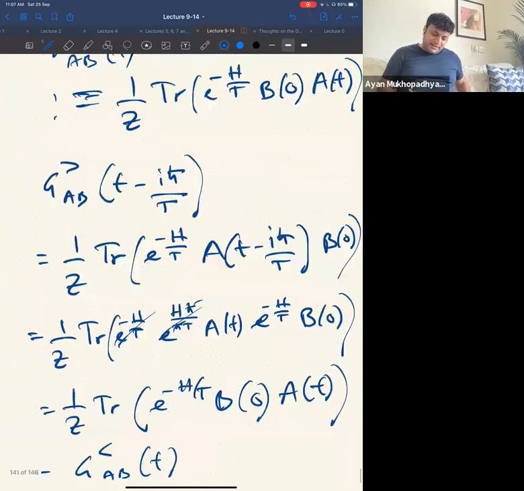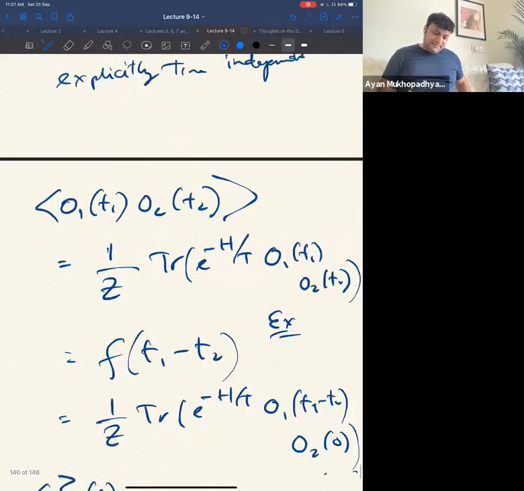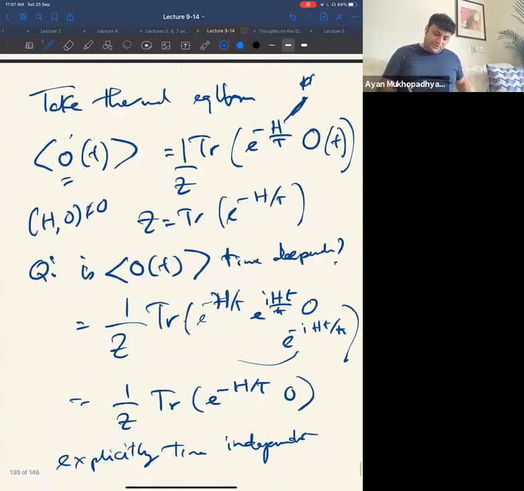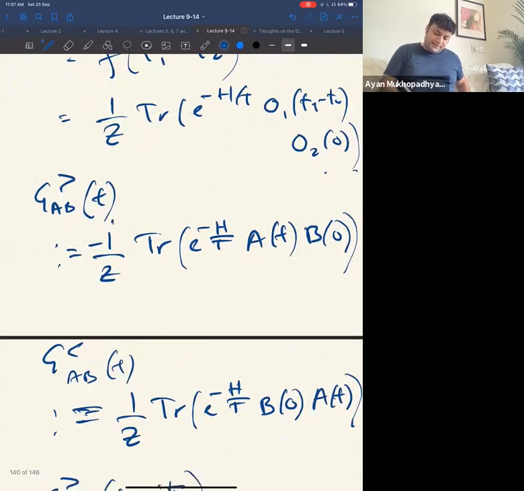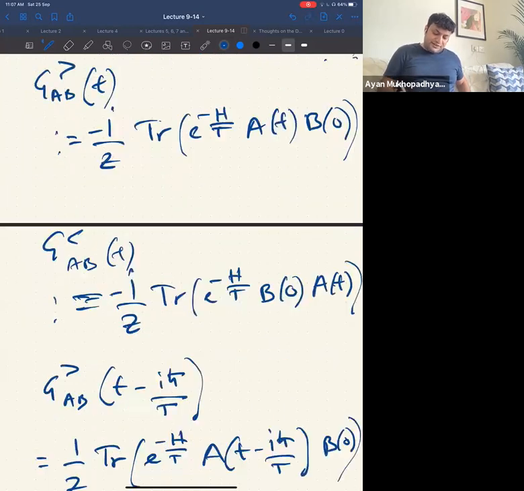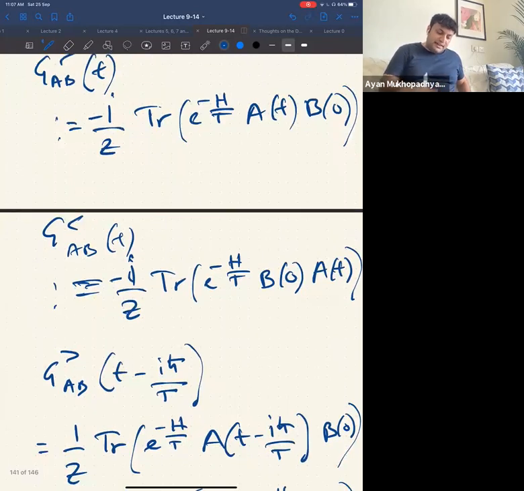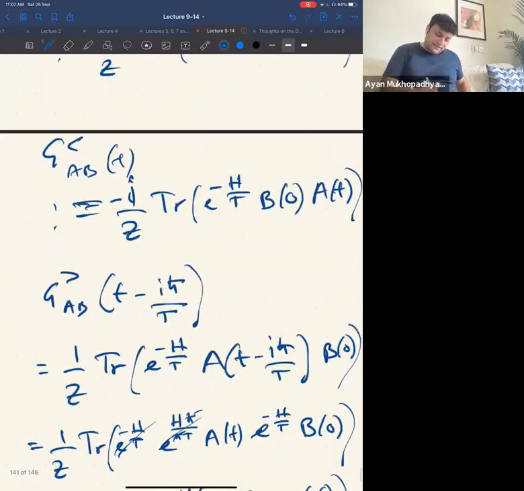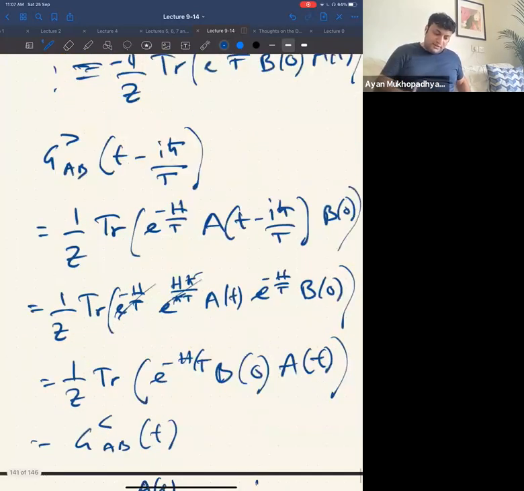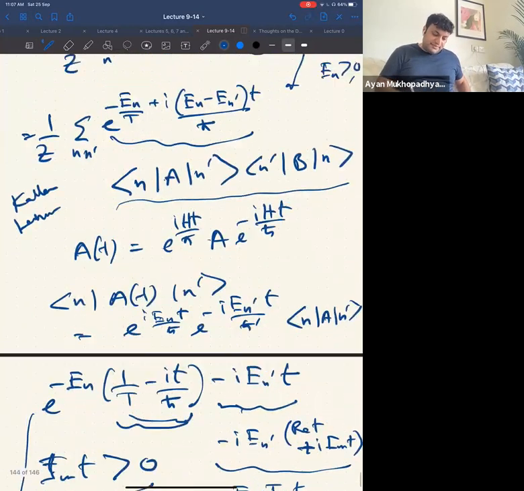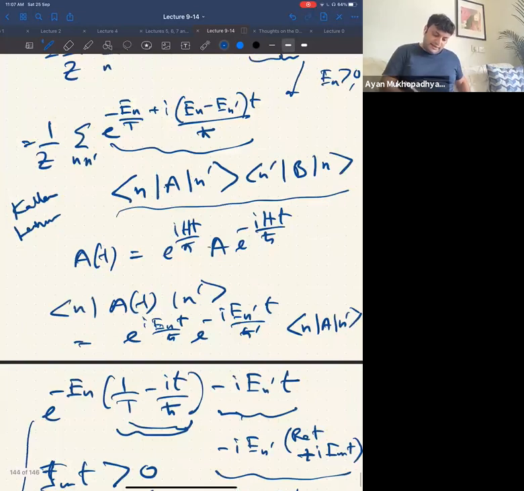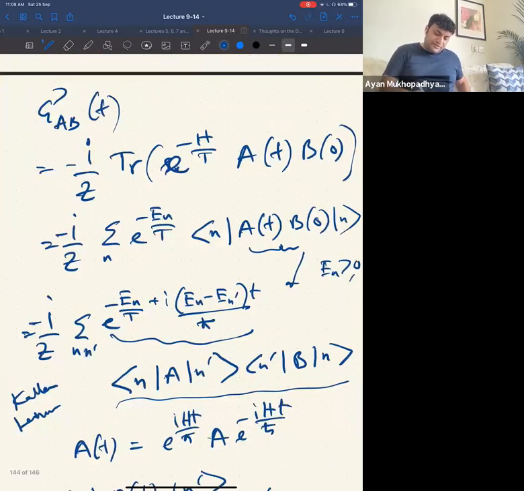So when I defined G greater and G less, to be consistent with what I was doing before, I should have put a minus i here and a minus i here. Sorry for that. Then your commutator is nothing but i times G greater AB minus G less AB. In that case, the Kallen-Lehmann representations are simply changed by adding a minus i, nothing else. No other change required.